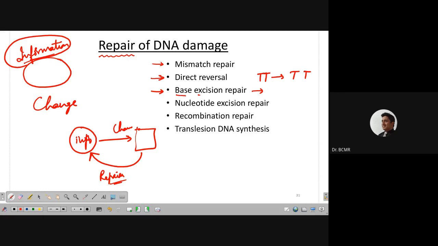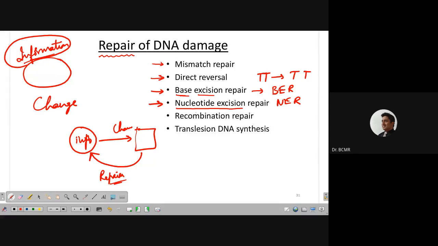base excision. The repair starts with removing a base. That is what you should remember from the name. And in literature, you will find it abbreviated as BER, base excision repair. The fourth one is called NER, nucleotide excision repair. What is the difference between base excision repair and nucleotide excision repair?